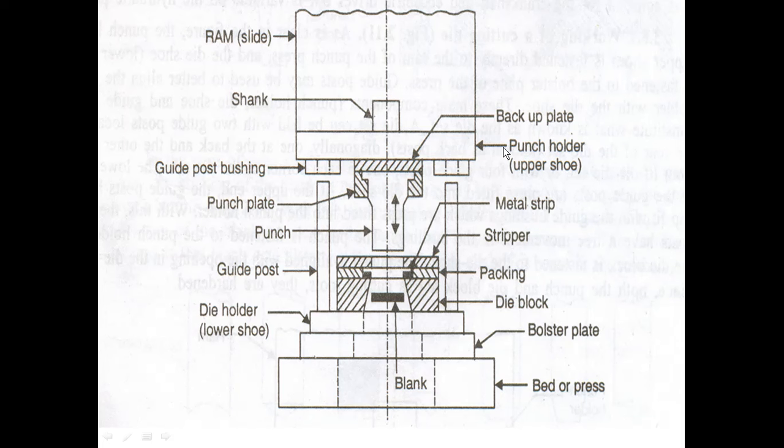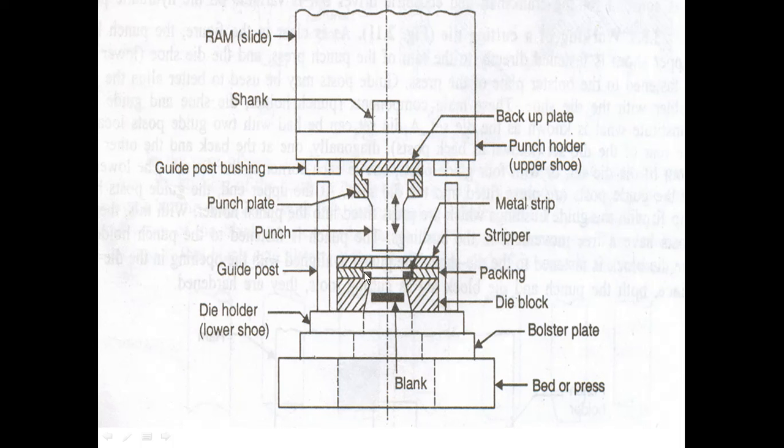The punch holder or upper shoe, guide post and guide bushings, and the tooling along with the backup plate, punch plate, and punch are fastened to the punch holder. So this tooling will reciprocate. Punch plate, backup plate, punch holder, and shank reciprocate along with the ram.